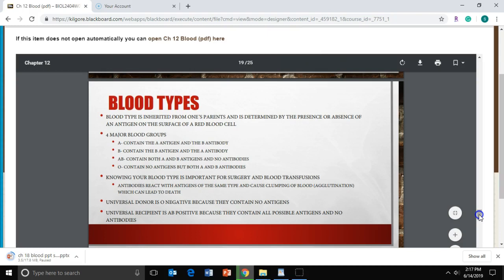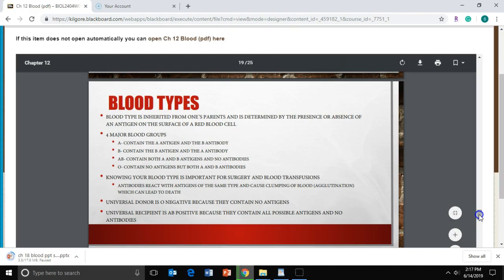For instance, if you have A blood and you were given B blood, you have those B antibodies in your A blood, and those B antibodies would attack the B antigens in the transfusion you were given and cause hemolysis. That's why we have to be very careful about the type of blood we're given.